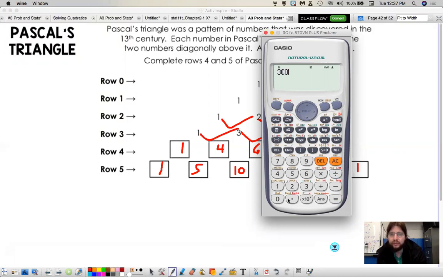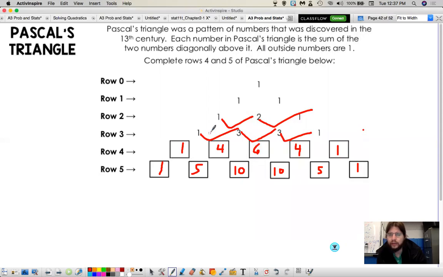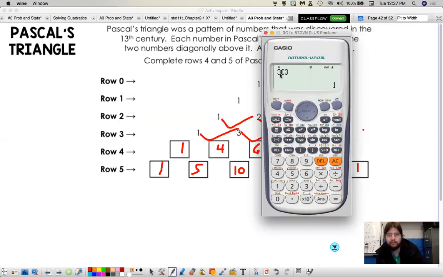If we do 3C0, it's a 1. 3C1, that's 3, so 1, 3, 3, see that? And then we do 3C3, that's a 1, 1, 3, 3, 1. So row 3 is all the combinations for a population of 3. So 0, 1, 2, 3.